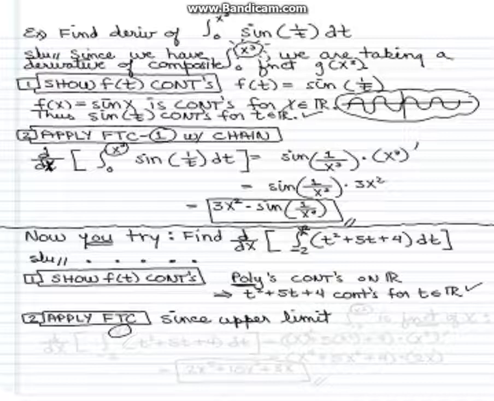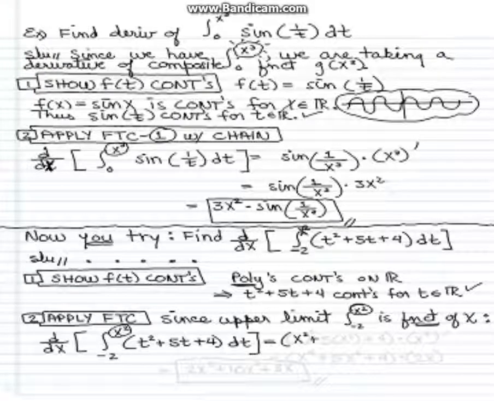Step 2, apply the fundamental theorem. Since the upper limit is not x, it's x squared, our function is not a function of x, it's a function of x squared. So the derivative of the integral from -2 to x squared of t squared plus 5t plus 4 dt is equal to the evaluation of the inner function, t squared plus 5t plus 4, at x squared.